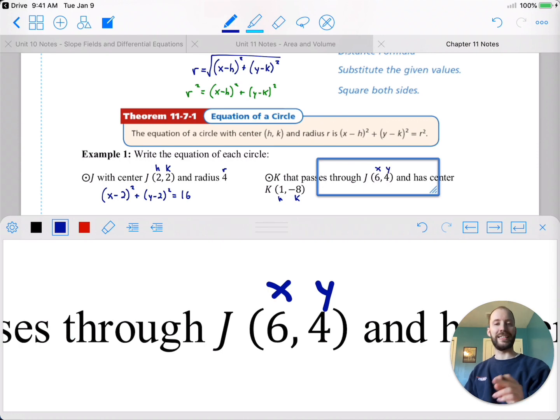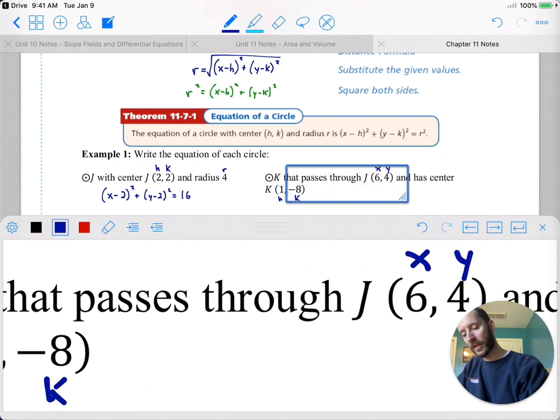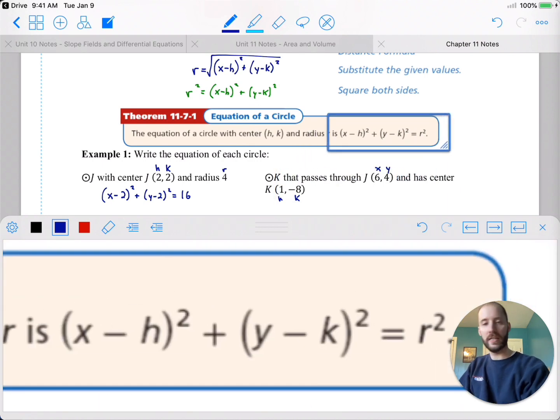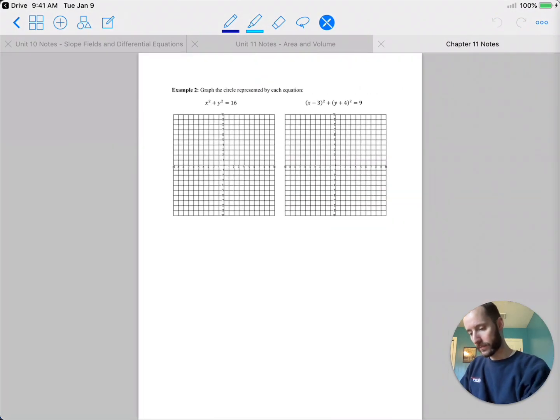You could find the distance between those points; the distance is the radius. You have x and y, h and k. You could plug all four of those into the circle equation, find r that way, and then write your equation for a circle. Check your work with my complete notes online.